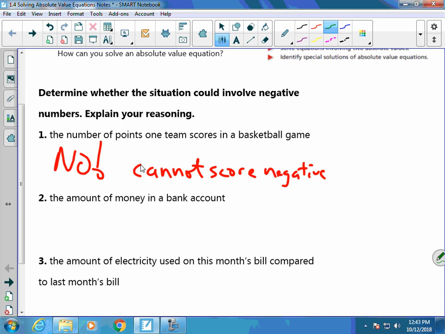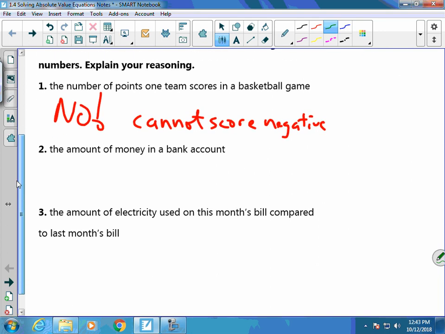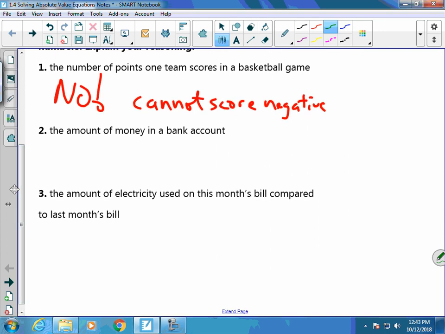Two, the amount of money in a bank account. This one's really, really subjective. It depends on what you're talking about. There's a huge difference if you have a savings or checking account versus a credit account. If I'm talking about a credit account, I can definitely go negative, because what a credit card does is really you're borrowing money.